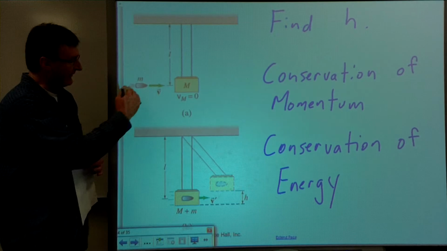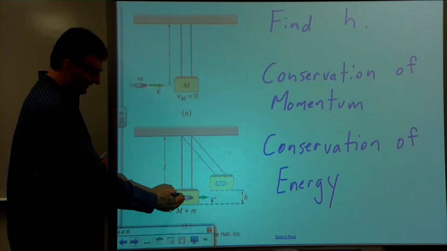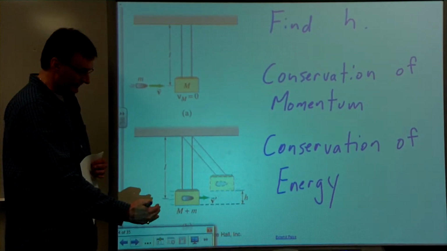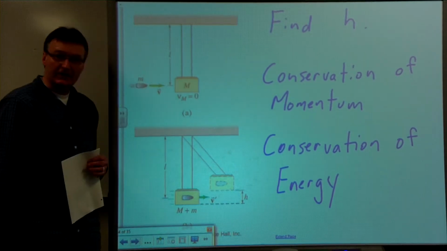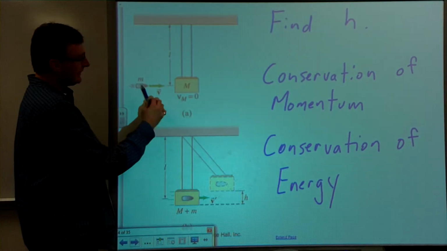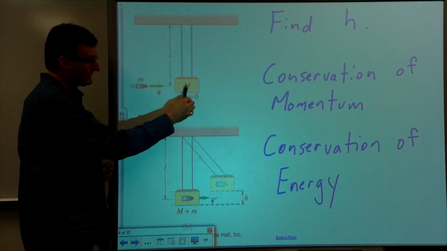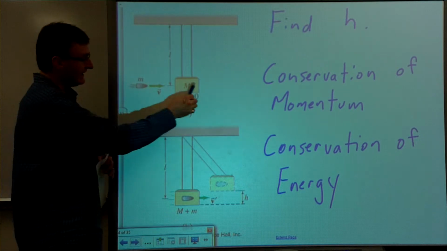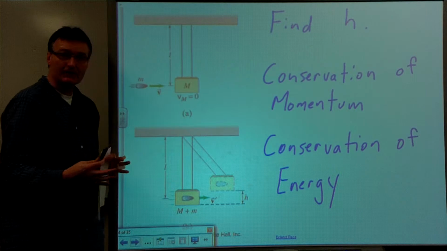After the bullet lodges within the ballast and the two objects move together, once they're in motion, after the collision, that's when you can think conservation of energy. That's because in the collision, when the bullet embeds itself into the ballast, you actually lose some energy, because the ballast becomes deformed in some way, whether this is a block of wood or something else.